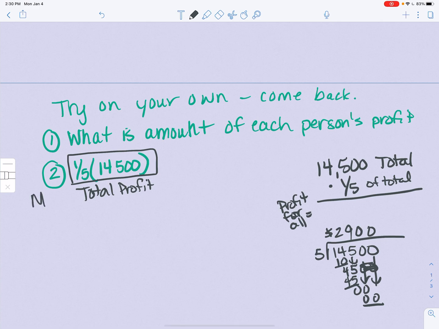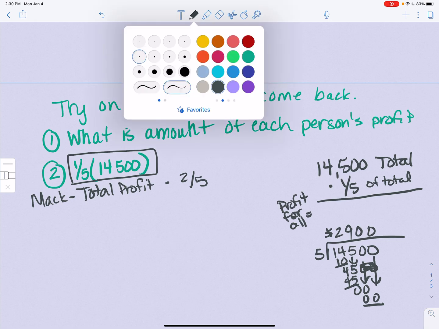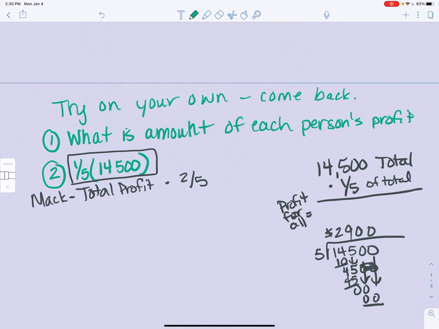So Mac will get 2/5 of it. But the next guy, and we'll change his color, Jason, I guess I didn't change it to a good color, his part of the total profit is 1/4 of it.